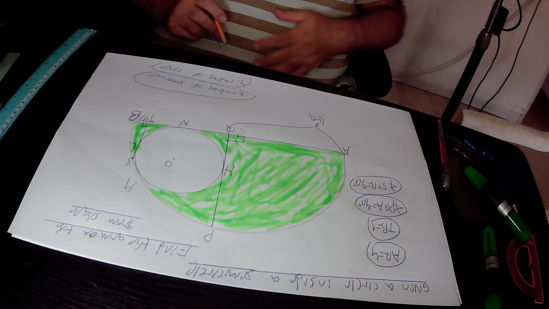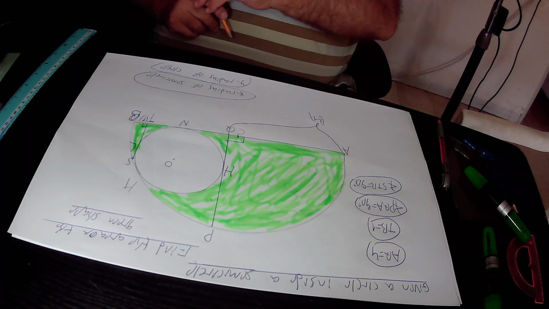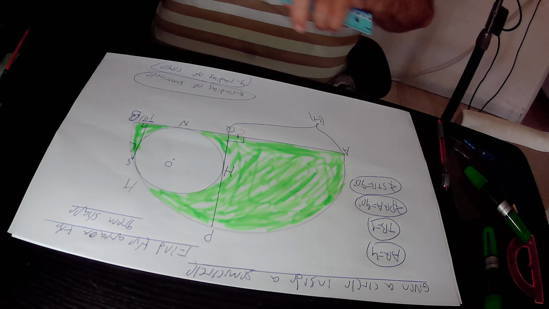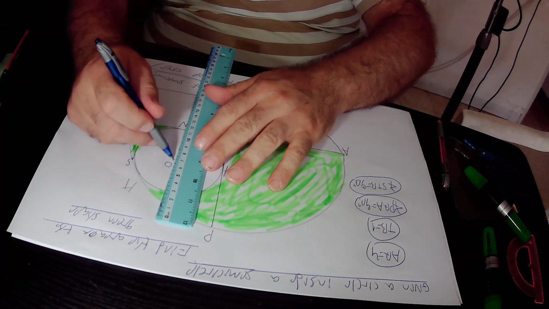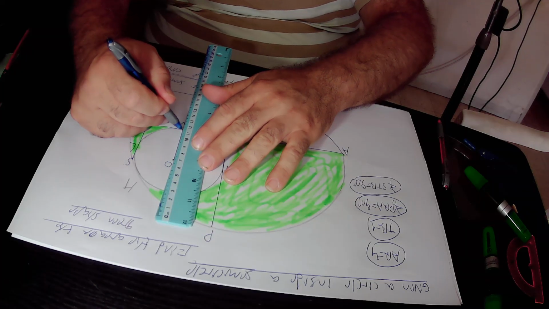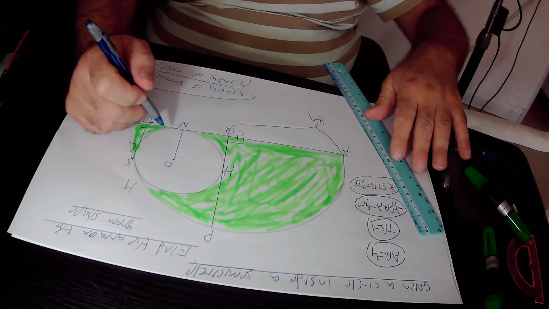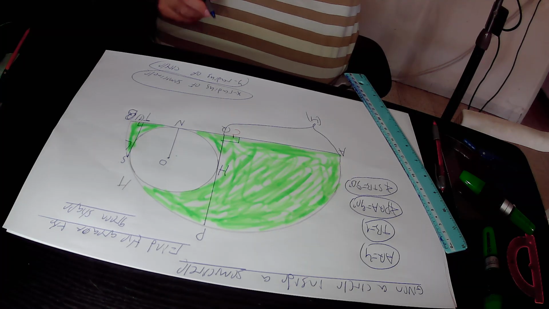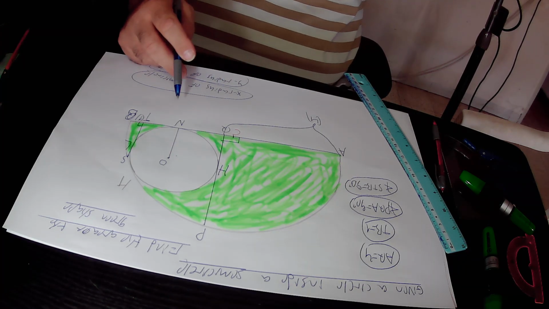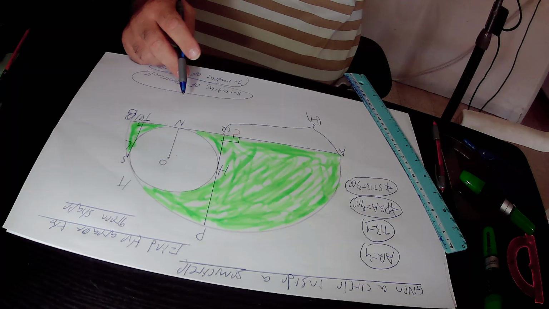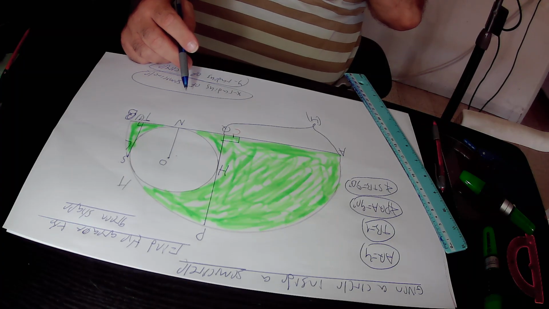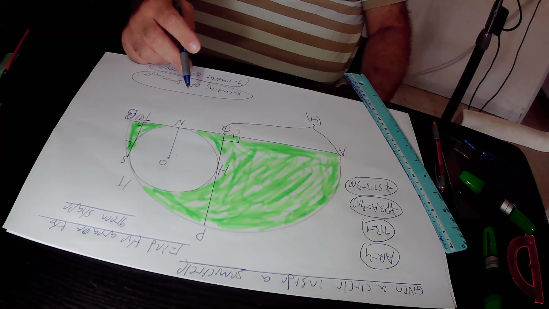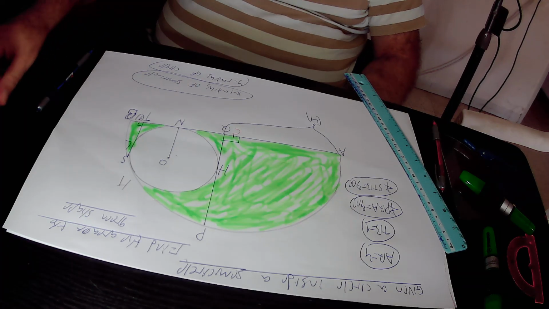In the next step, we join points O and N together by a straight line. Point O is the center of the circle, point N is a point of the circle itself, therefore ON is the radius of this circle that equals y according to our definition.